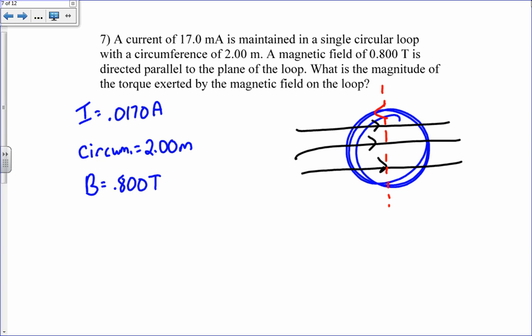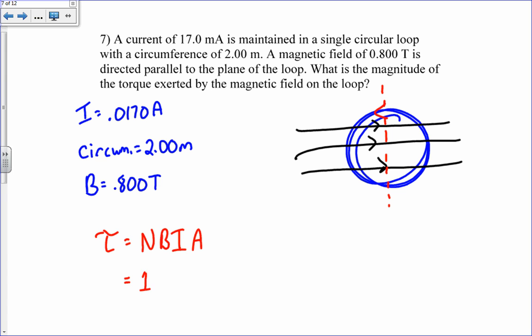As I said, this is the idea behind an electric motor, and it's the reverse of an electric generator. I can calculate this torque. It's equal to N, the number of turns in the wire, times B times I times A.